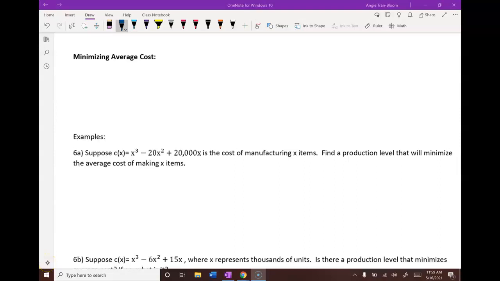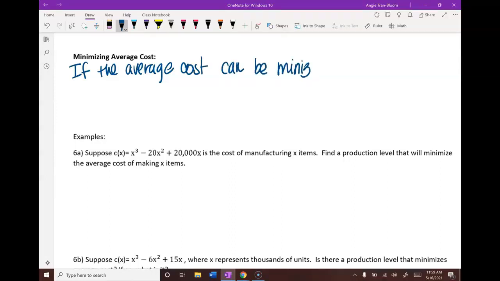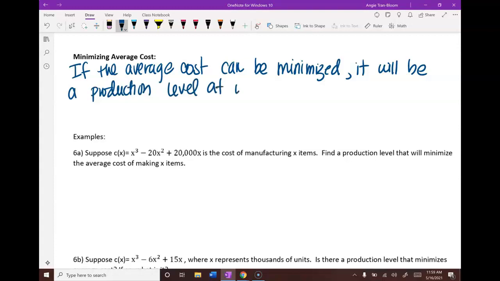All right, definition for minimizing average cost. If the average cost can be minimized, sorry, I'm missing "minimize", it will be a production level at which the marginal cost has to be exactly the same as the average cost.